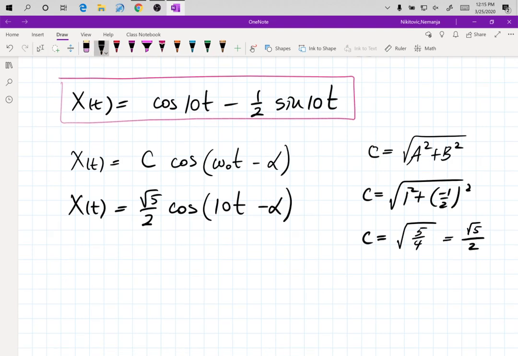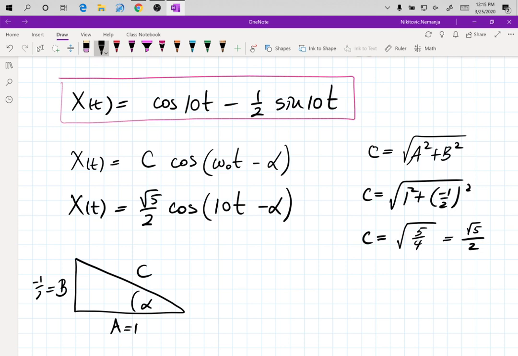If we have our triangle with A, B, C, and alpha, and we know that A is 1 and B is -1/2, we need to carefully figure out which quadrant this is in, so we can calculate a correct tangent, right?